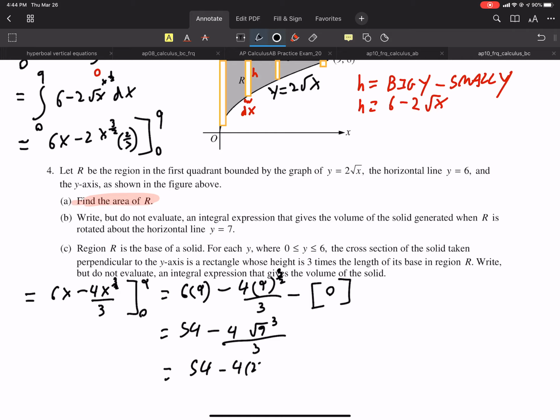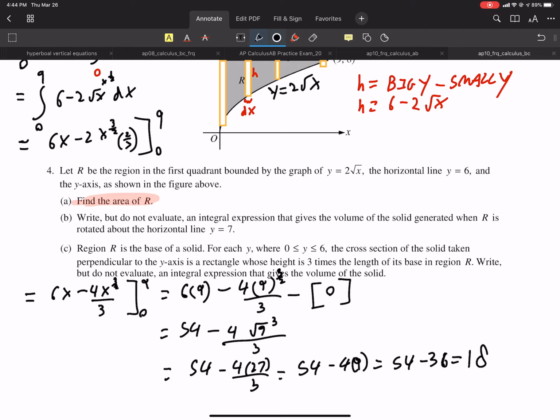So we have 4 times 27 over 3, which is 54 minus 4 times 9. 54 minus 36. Is that 18? Could it be? Let me look at my answer. Wow, I know how to algebra. All right, part A, we're done.